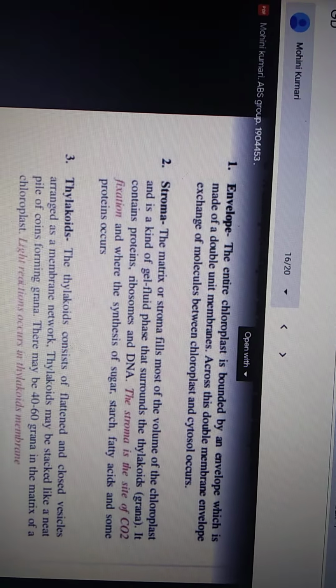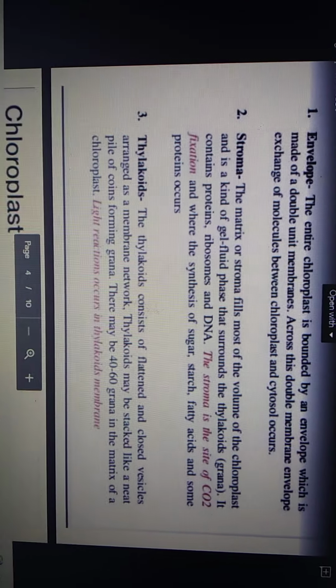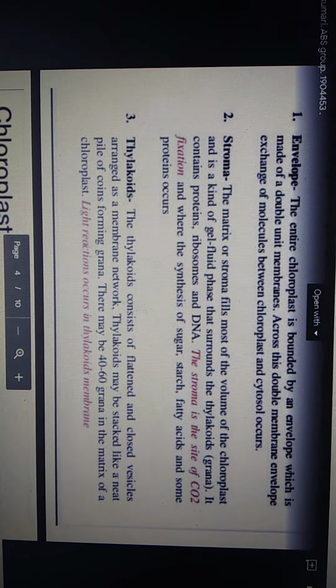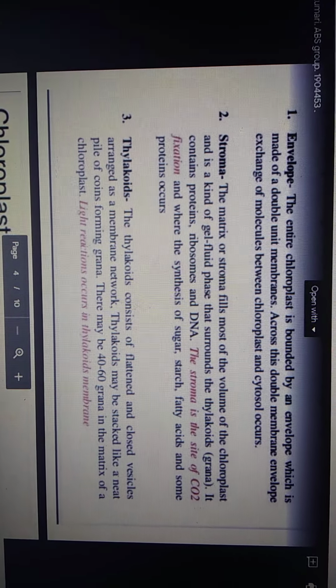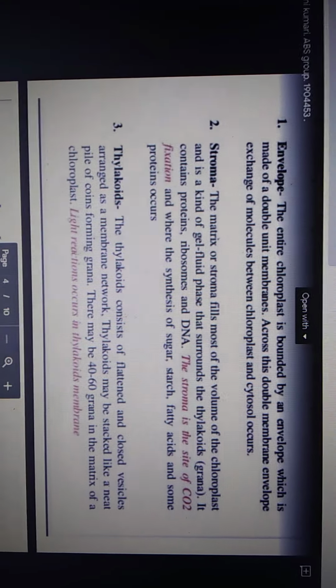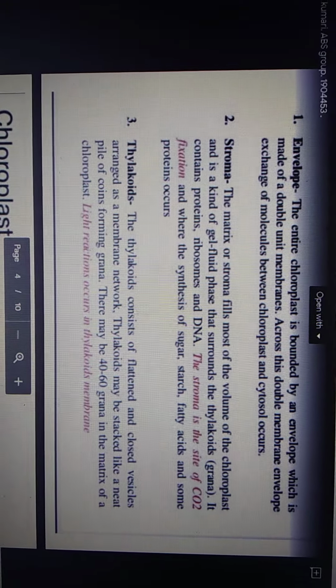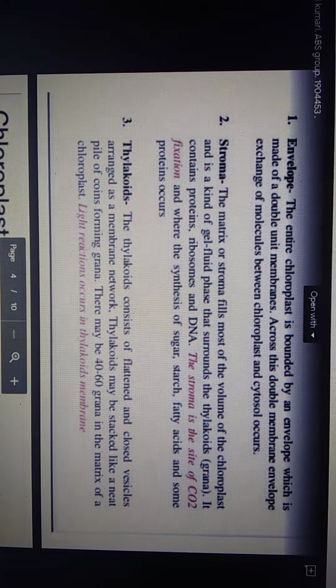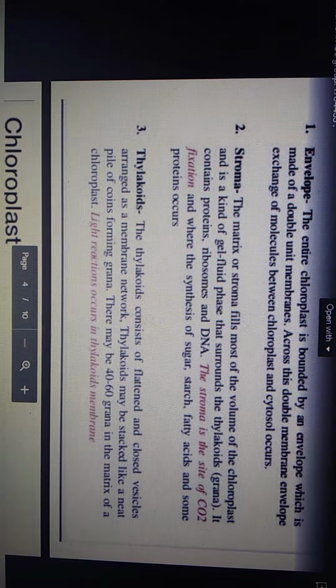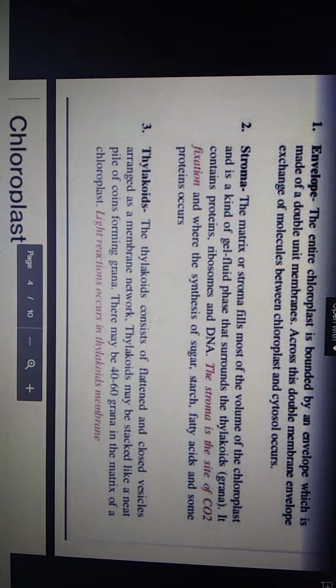Chloroplast comprises two membranes, outer membrane and inner membrane. The outer membrane contains TOC complexes, which are translocation complexes of the outer membrane.